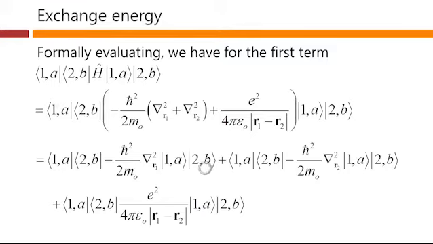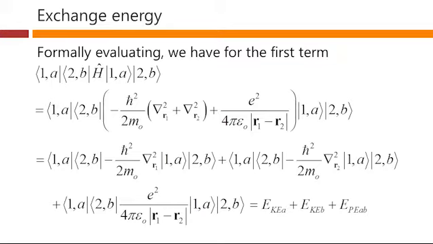So we have this term here from the del squared with respect to R1 term, and this term here from the del squared with respect to R2 term, and this term here from the Coulomb repulsion energy. And we can give labels to each of these terms which have a physical meaning.